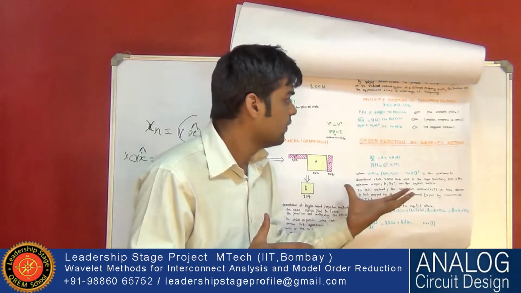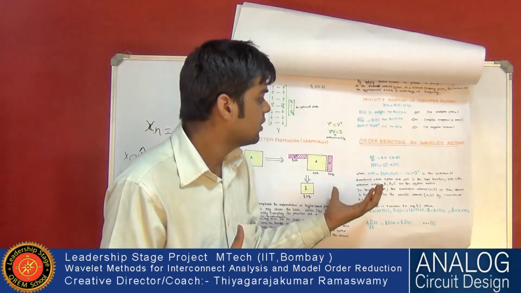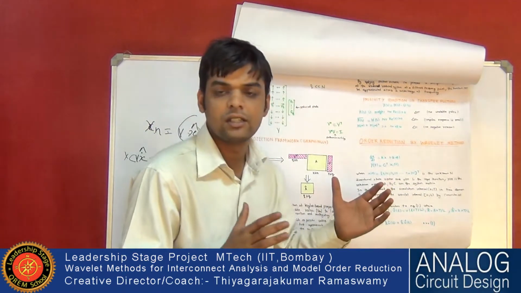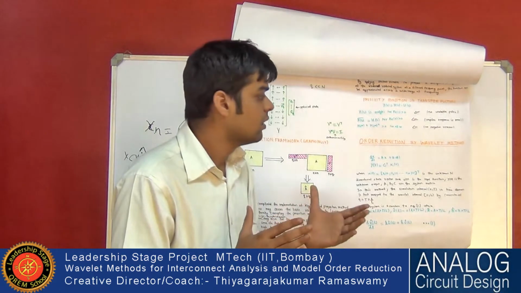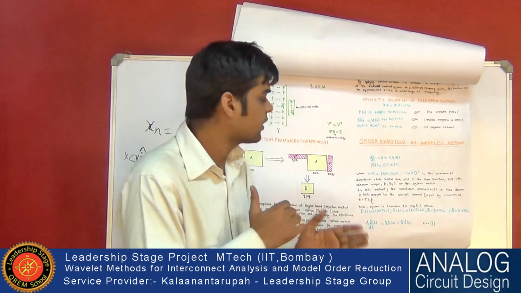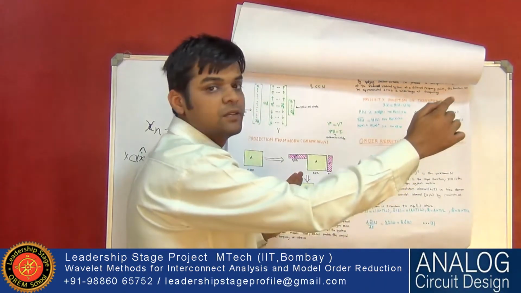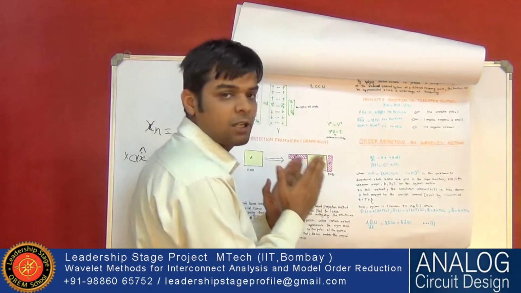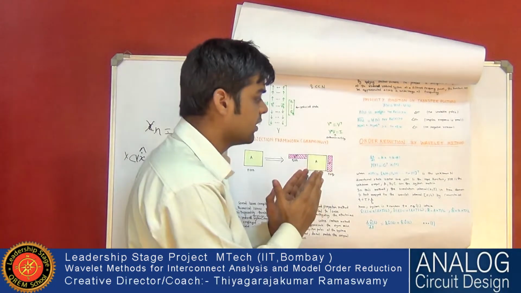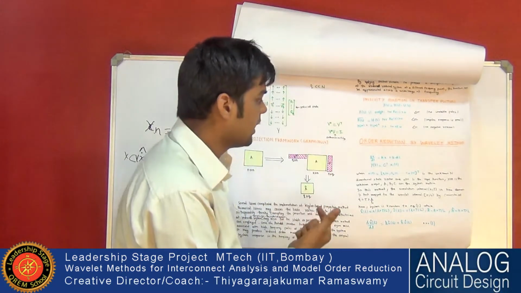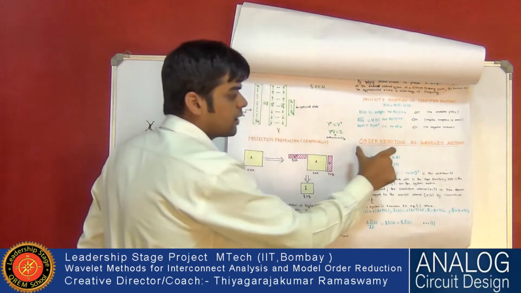So instead of representing any electromagnetic signal from minus infinity to plus infinity, we represent it by small waves, small packets of waves, and those are wavelets. Any wave, a sine wave, we can take for a small period of time.